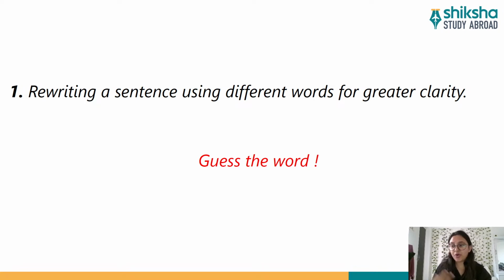This word often comes up while you're practicing your modules for the IELTS exam, and it is definitely seen so many times. So what do you think can be the answer? Rewriting a sentence using different words for greater clarity. Please comment down your answers and let me see how many of you actually give the correct answer.